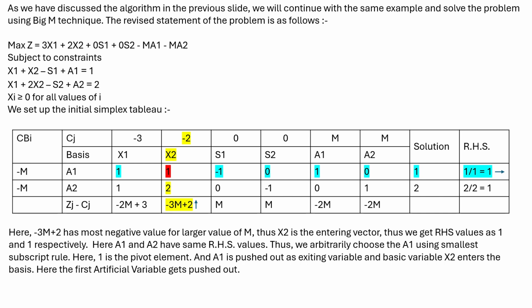So in the simplex table, zj minus cj represents the net contribution or the opportunity cost of introducing a non-basic variable into the solution, out of which zj represents the amount by which the objective function would decrease if one unit of the variable is introduced into the solution, and cj represents the original objective function coefficient of the variable.